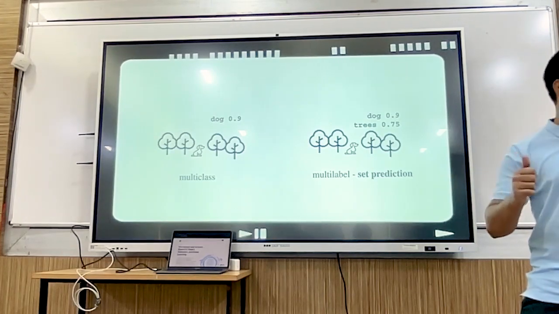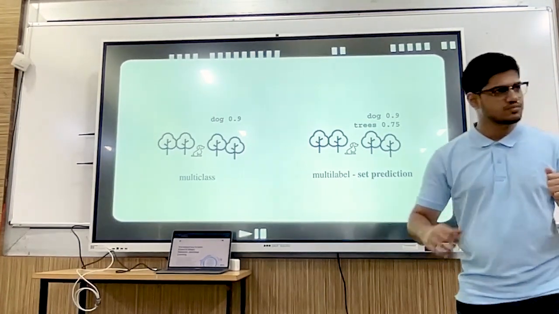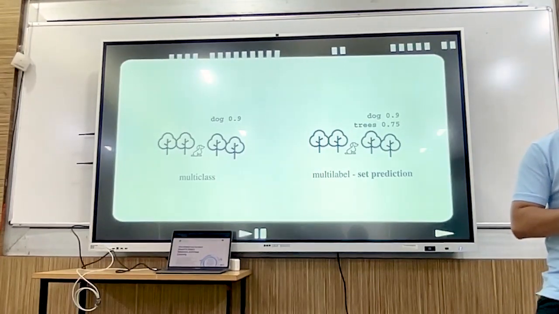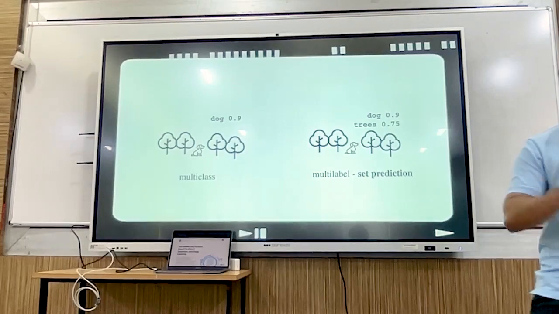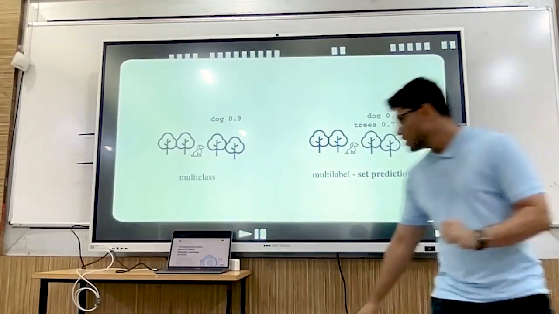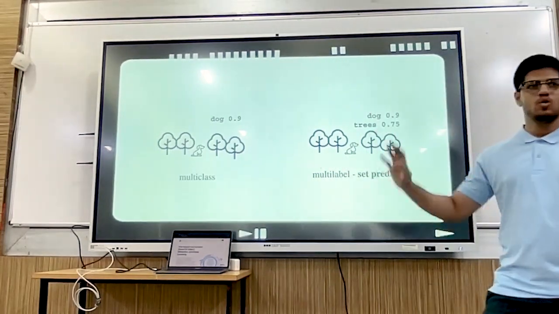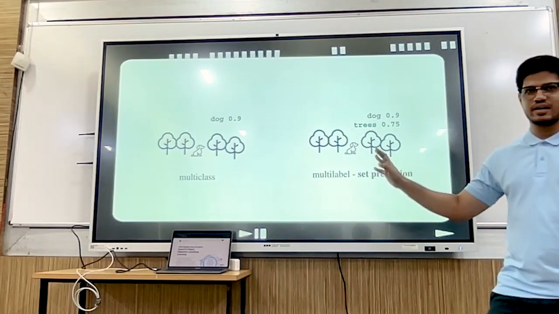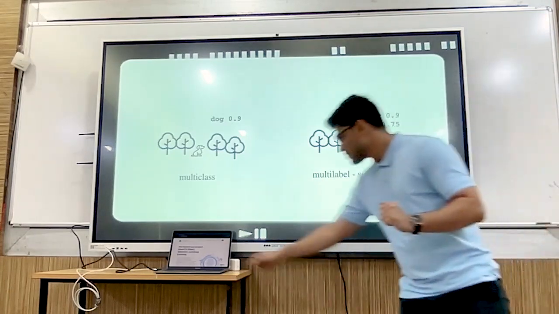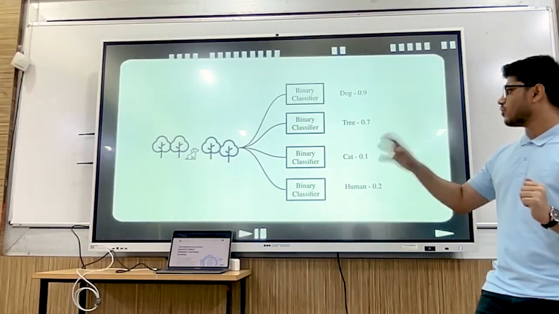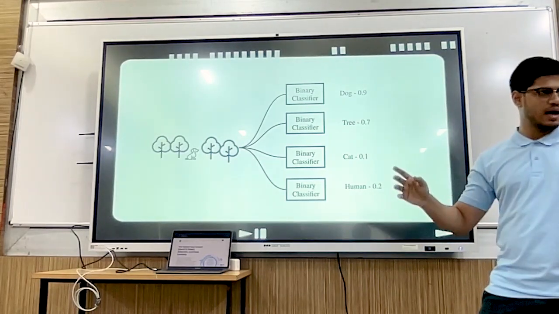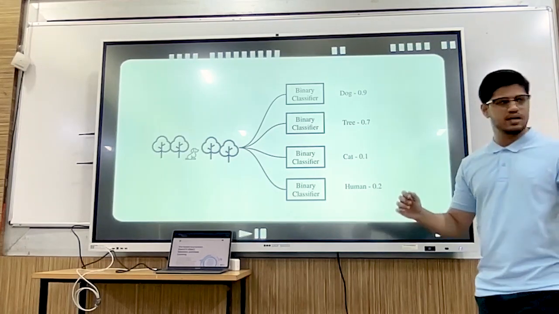Why is it called set prediction? So can I say that set prediction is nothing but multi-label classification? Yes. In the context of multi-label classification, it is nothing but multi-label classification. But there's a looming danger here. And what is that looming danger? We'll go into the looming danger shortly, but this is basically an answer to your question. What is happening?